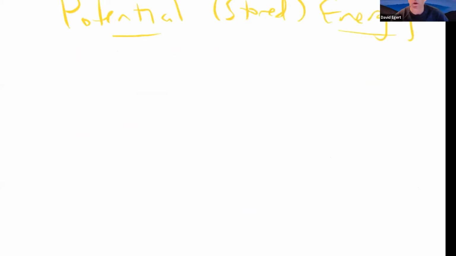What are the different ways that energy gets stored that we can then release and do something with? One is chemical. Chemical is where you have energy stored in chemical bonds.